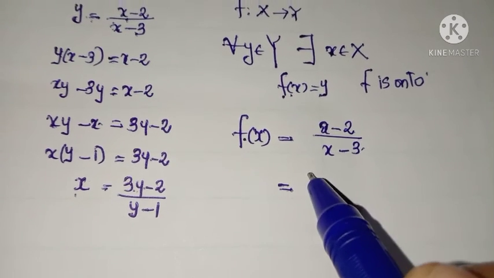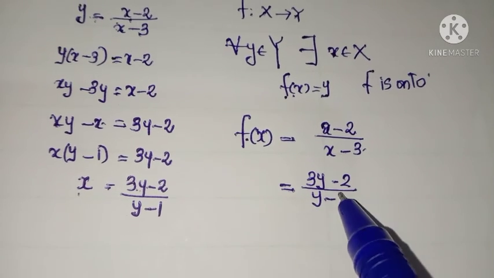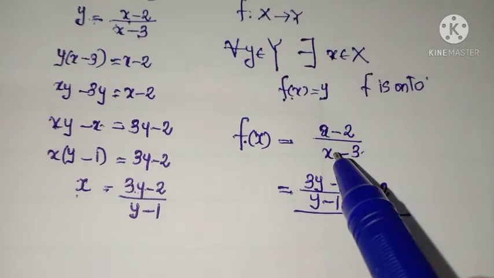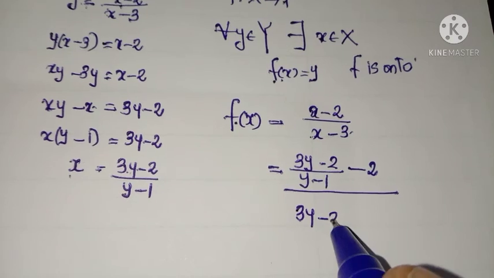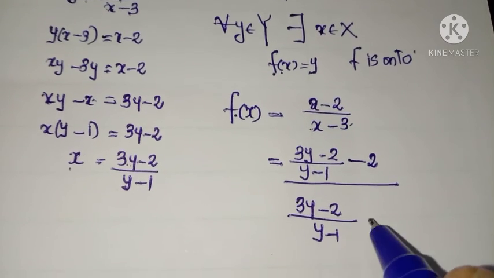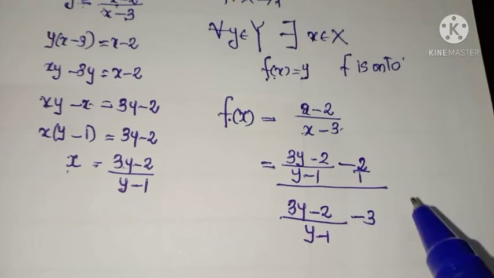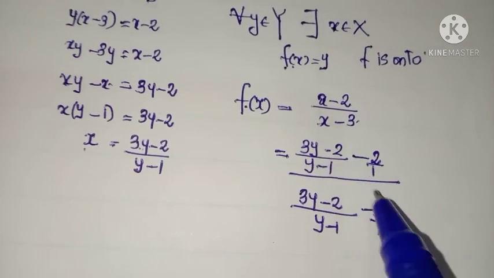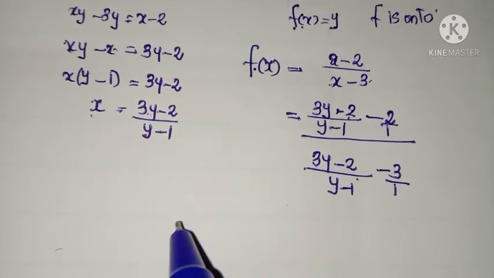So this is 3y minus 2 by y minus 1, minus 2, divided by, here also replace x, 3y minus 2 by y minus 1, minus 3. Now this 2 can be written as 2 by 1. 3 can be written as 3 by 1. Take cross multiplication separately on numerator and denominator.